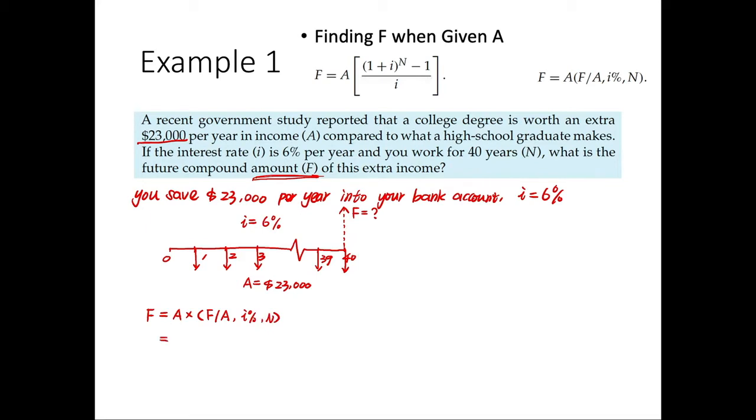And then you need to find out what is A and what is the factor value. So A is 23,000. That's given. And what is the factor value? It's F/A with I of 6%, you just write it there, and N is 40. Okay, so that's the factor you want to find out from the table.